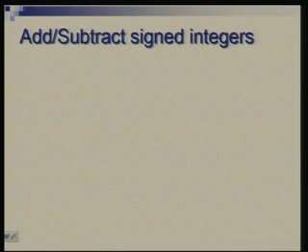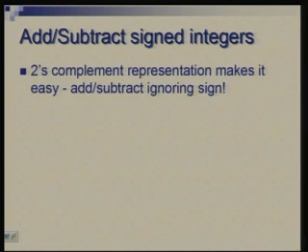Okay. Now, if you bring in the sign, if you bring in negative numbers, what we did was adding and subtracting positive numbers. If you have negative numbers and you are representing in 2's complement form, then again it does not complicate life at all. So, when you are adding or subtracting, you continue to think of them as positive integers.